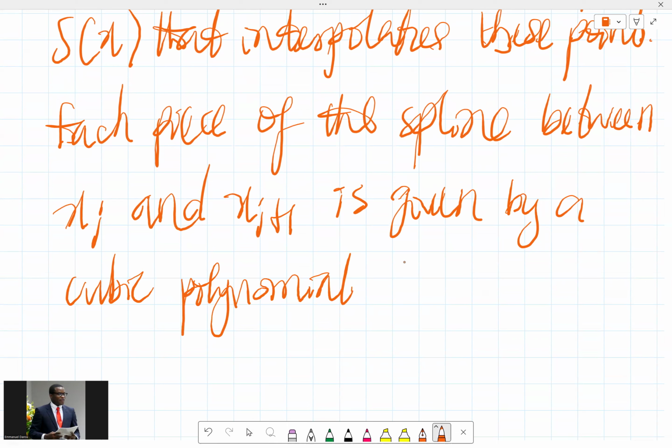So that means that between x1 and x2, you have a cubic polynomial. Between x2 and x3, you have a cubic polynomial. Between x3 and x4, you have a cubic polynomial, and so on and so forth.